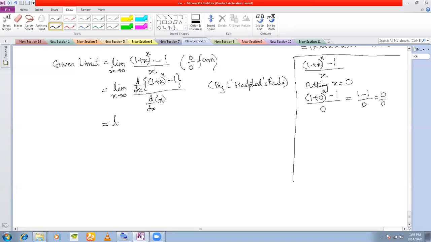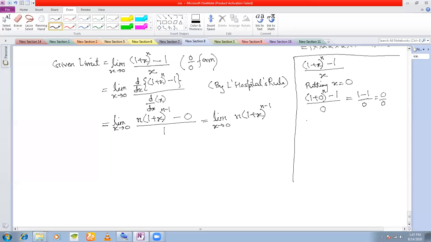Now you differentiate, do the actual differentiation. d/dx of 1 plus x to the power of n is what? First we differentiate the power to get n into 1 plus x to the power of n minus 1 into the d/dx of 1 plus x, which is 1, minus d/dx of 1 is 0, divided by d/dx of x is 1. Okay, so what you get is limit x tends to 0 of n into 1 plus x to the power of n minus 1 only.